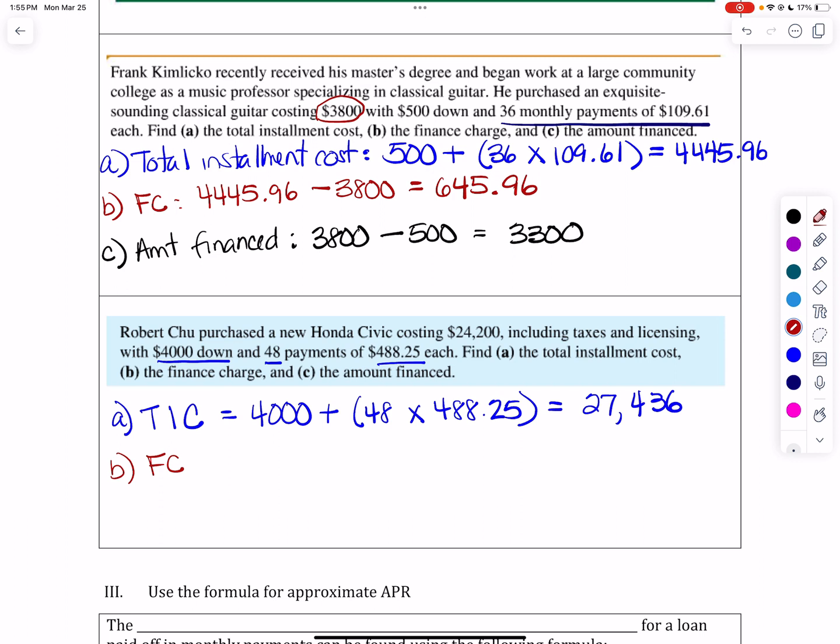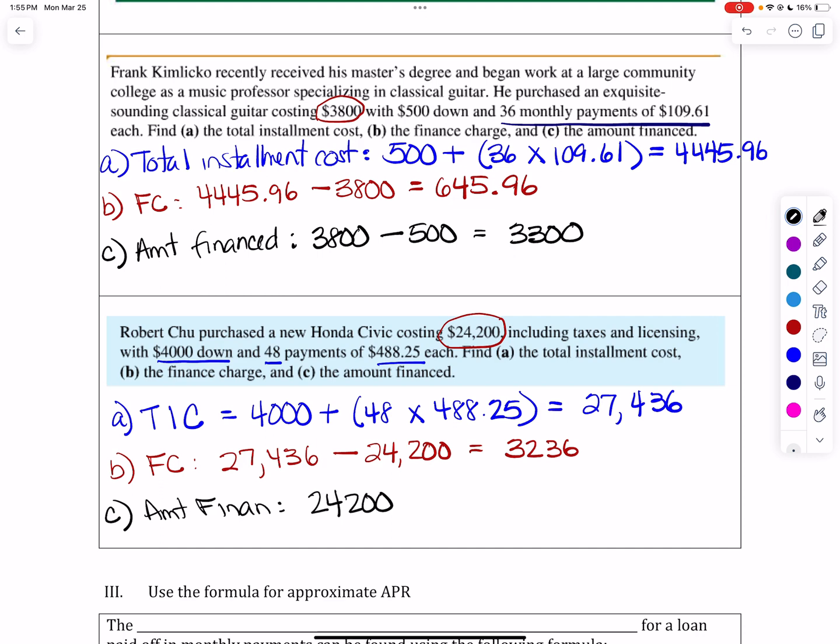The finance charge is going to be that last number, $27,436, minus the original cost, $24,200, and that says a finance charge of $3,236. And then the amount financed is going to be the original cost minus the down payment, so $20,200.